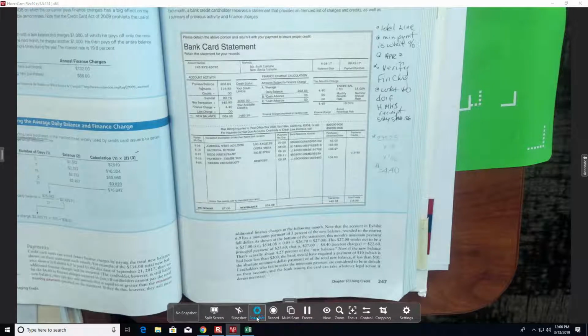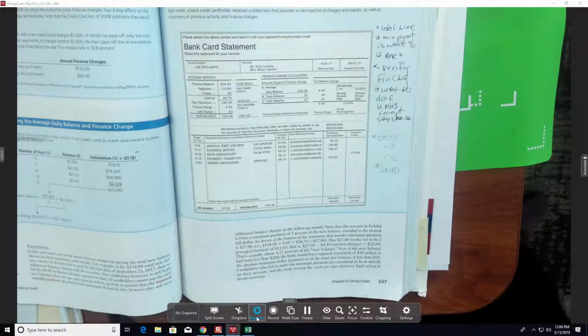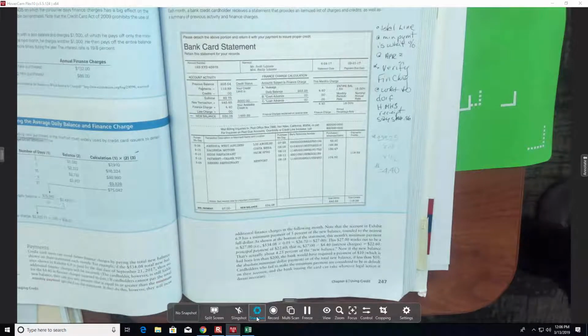And what they've done for us that's so sweet is what? What number have they provided us with? We don't have to calculate it. Look around at the top. Part of your goal here is just learning to read the statements. And they're not uniform, so you've just really got to read and try and extract the data. Yeah, they give you the ADB.